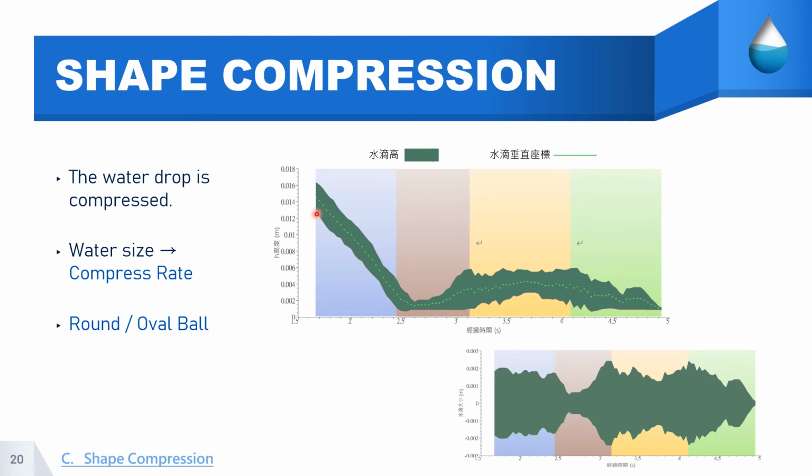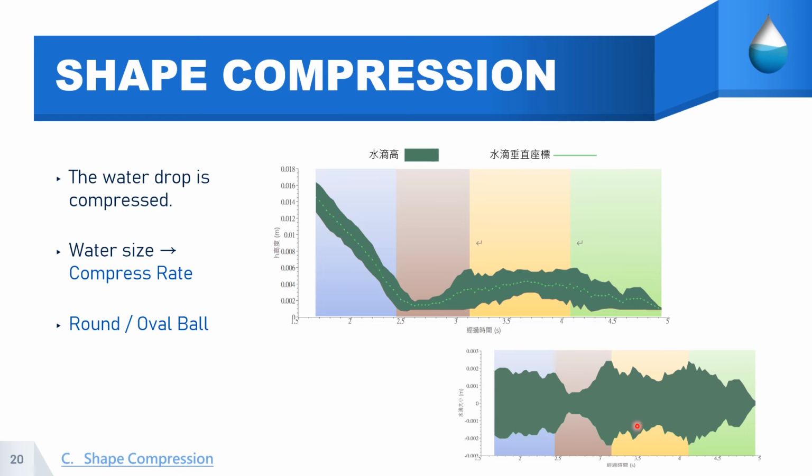So we can see the drop's initial size is like this, and when it contacts the surface, it gets smaller and gets bigger again. The normal size is at the highest point.